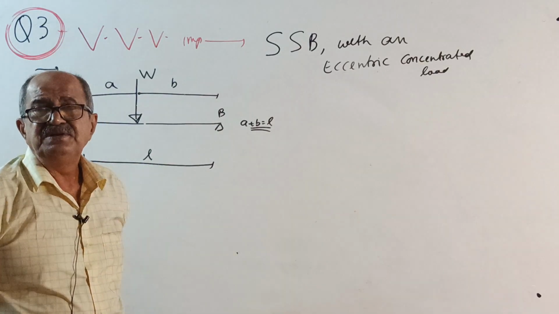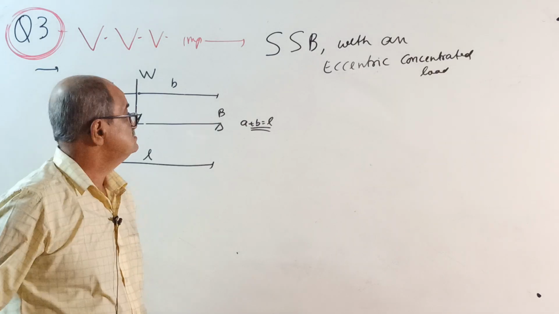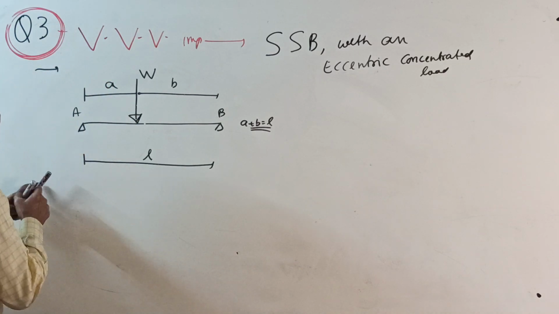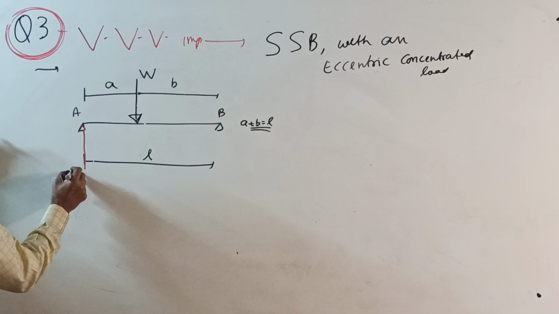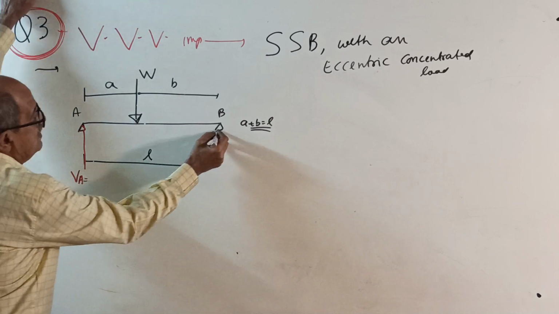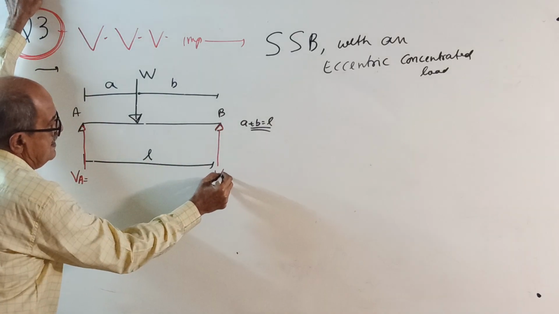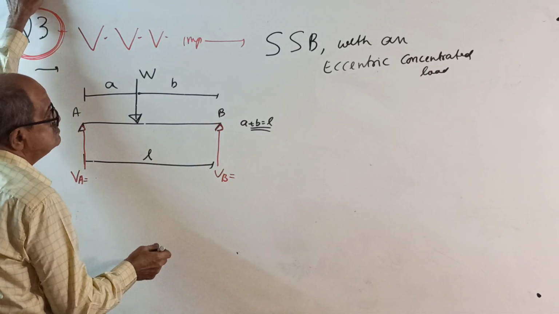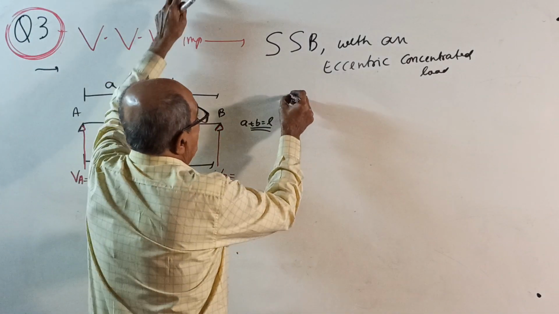B is the distance of the load from the right support. Now you can directly do one thing. This reaction VA, this reaction VB equals.